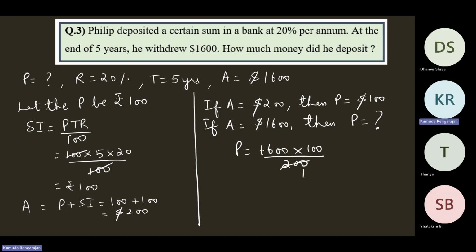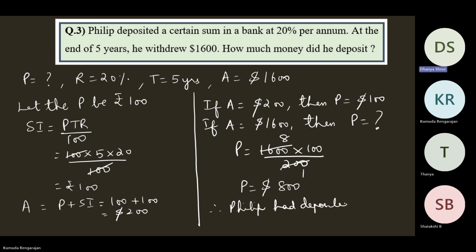So 200 ones are 8. So principal is equal to $800. Therefore, Philip had deposited $800.